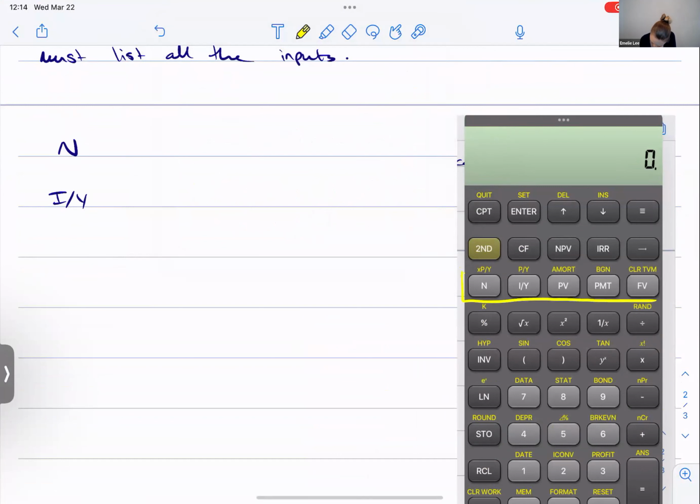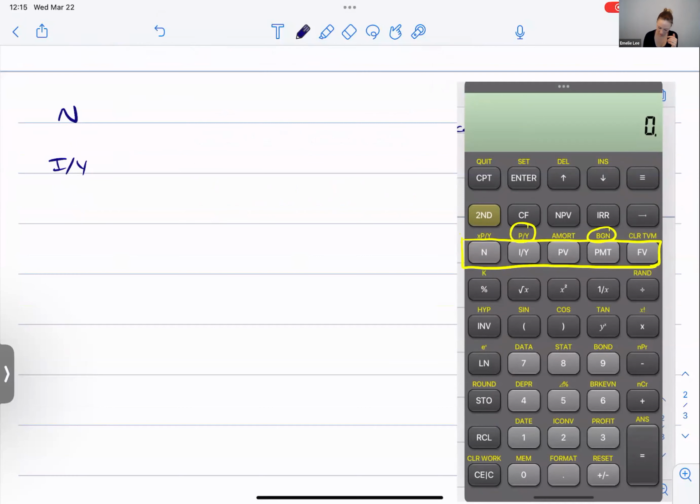Okay, so I'm going across, and maybe yellow would be better, listing all of these values. Then I'm listing this one, and the one that we're going to add to the list is this one, the beginning or end. Now the default is the end: payments are made at the end of each payment period. But in chapter 7, they'll be made at the beginning, which is going to change our values just slightly. We'll leave that for chapter 7, but that's why I want to add it to the list, because then our list is complete and we'll be able to use the calculator more efficiently in chapter 7 as well.